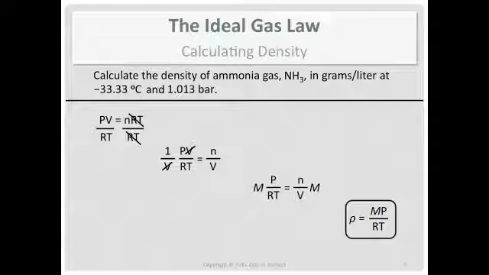So there's our formula. Assuming the gas behaves as an ideal gas, we can calculate the density by taking the molar mass times the pressure over the R times temperature, which is great because it shows you as the molar mass goes up, the density goes up.